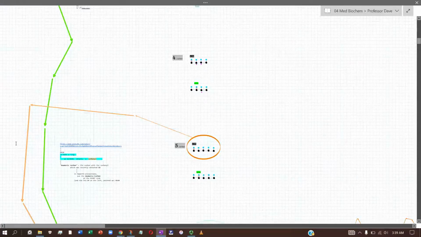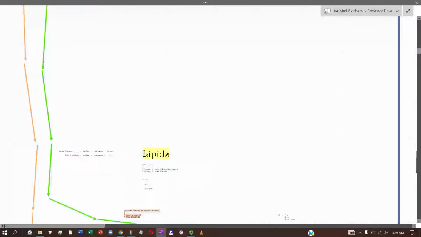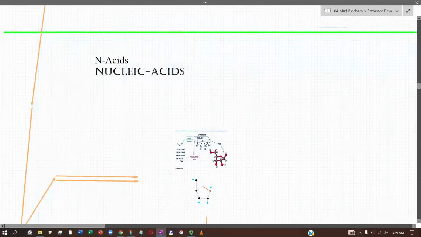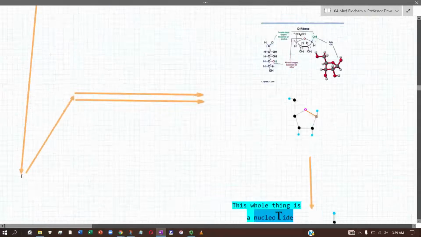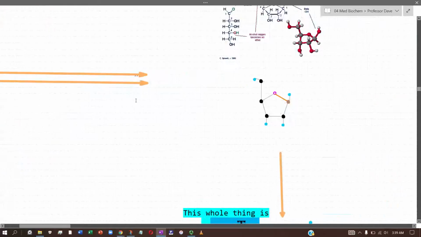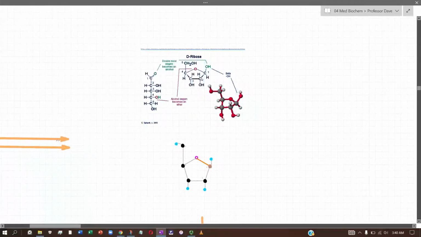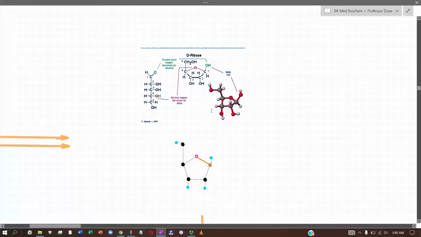Or you may already know, depending on how much of a review this is for you. So moving down, we're following the orange arrows, and here we go. We have arrived. So that aldopentose is important because it is how ribose gets synthesized.